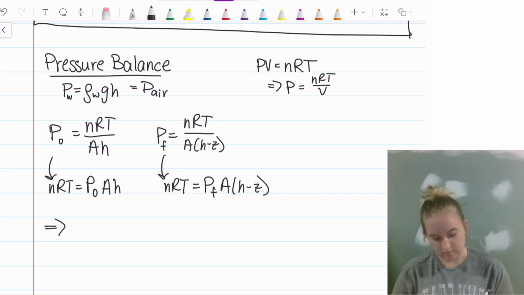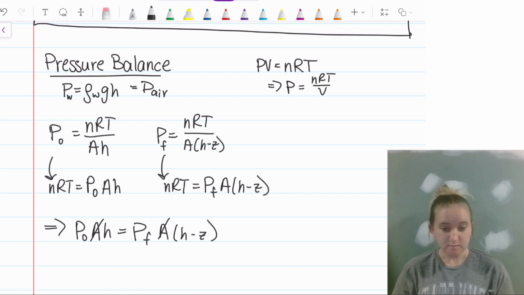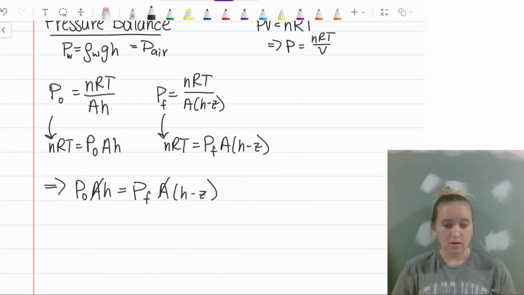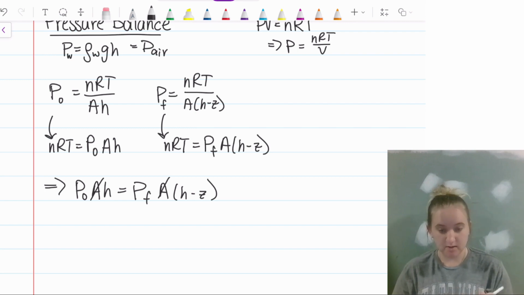So you're left with P naught A H equals PF A times (H minus Z), and your A's can cancel out. We also know that our final state of pressure is rho GH, but our H value for that is D minus Z.